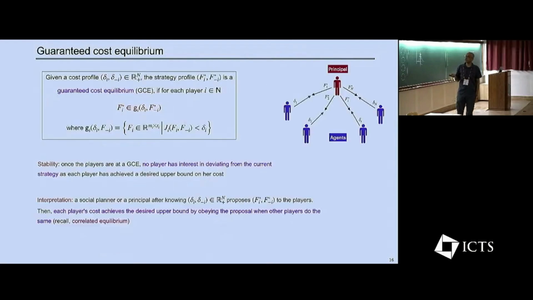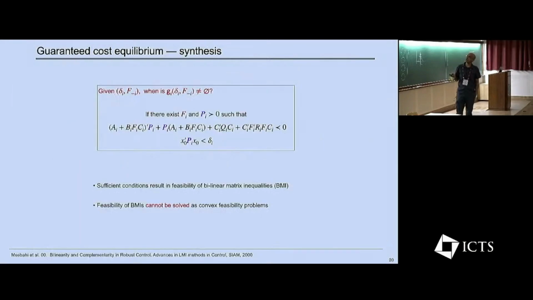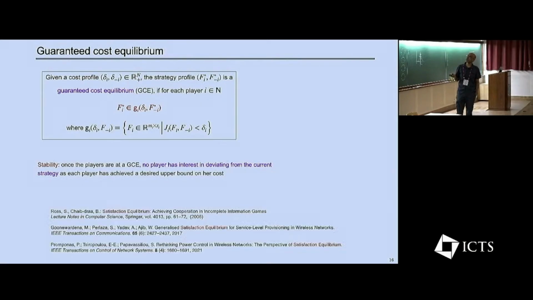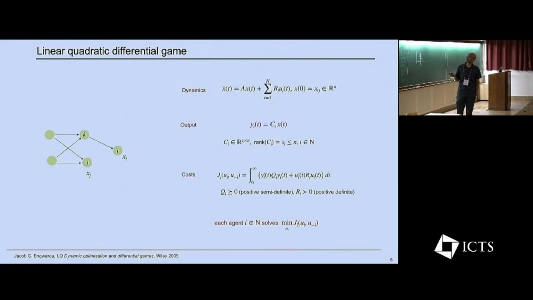These sets, you mean? Yes. See, these sets are completely characterized by the problem data, that is A, B, C, Q, and R. That is the problem data that is going to determine those sets X and Y.